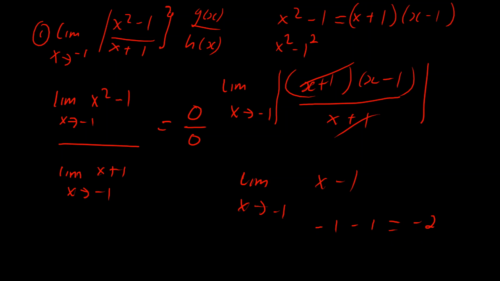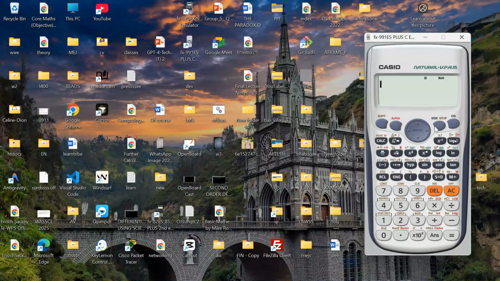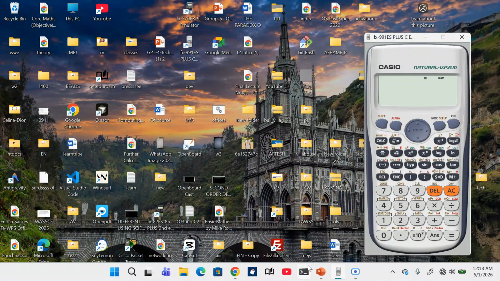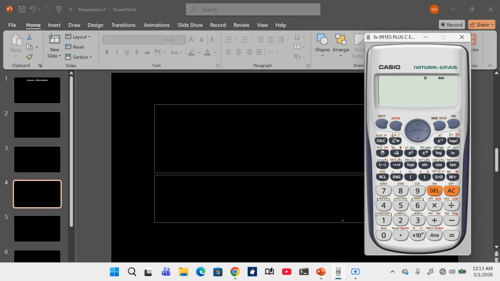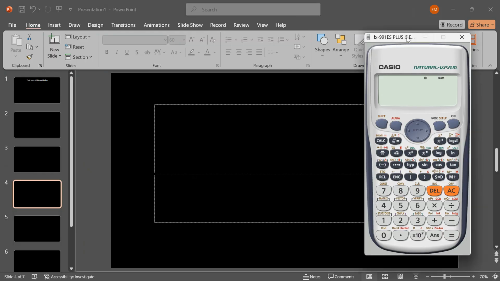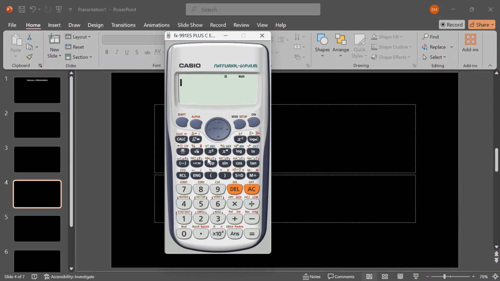Now, I want to show you the calculator trick that you can use to solve this if it was a multiple choice question. So pick your calculator. Now the question says that you have to find the limit of the function x squared minus 1 all over x plus 1 as x approaches negative 1.